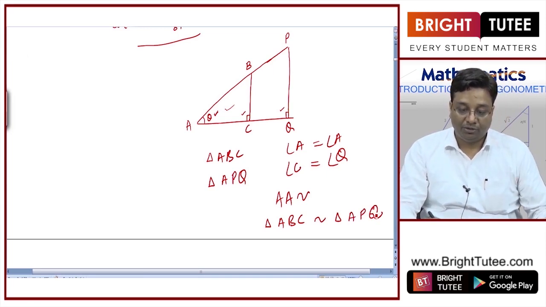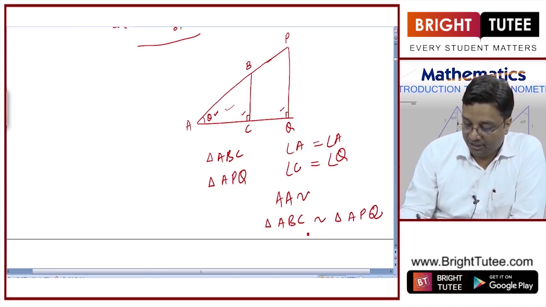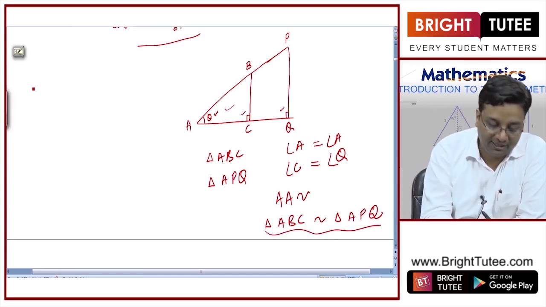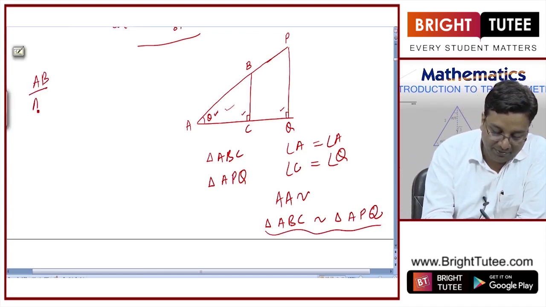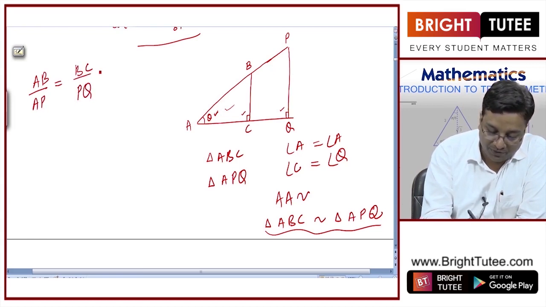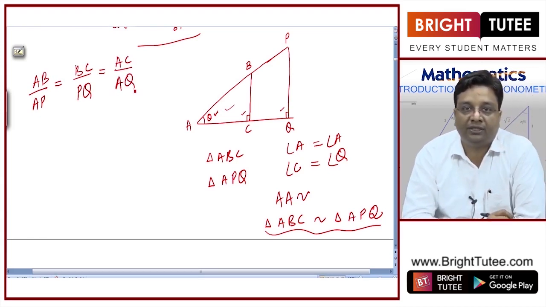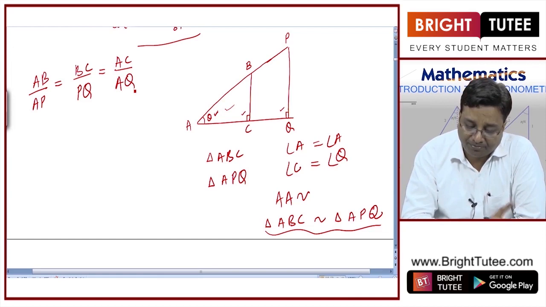So let's see the ratios now. If these two triangles are similar, then we can say AB upon AP is equal to BC upon PQ is equal to AC upon AQ, right? So these ratios are equal.